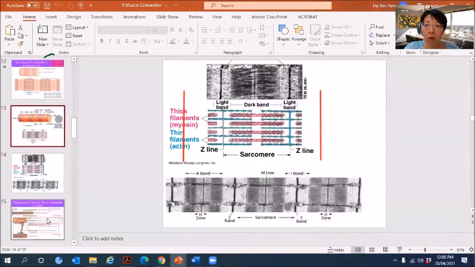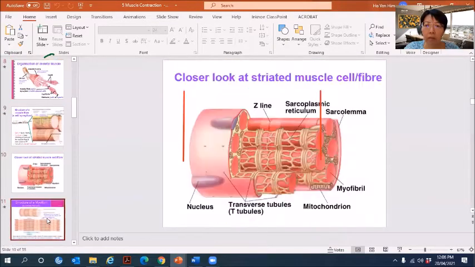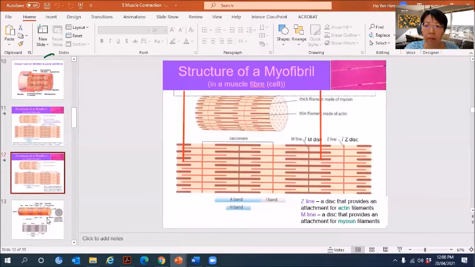So where are my actin and myosin filaments? Here, this one. Myosin is the thick one, muscular, and actin is the thin one.